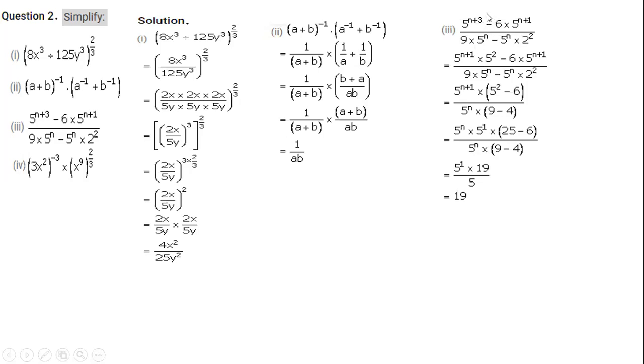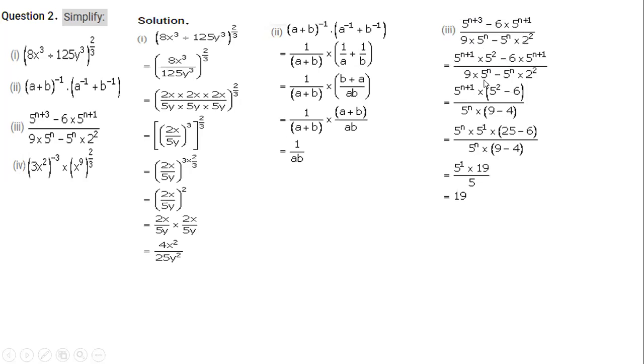Then we can write n + 3 as n + 1 + 2. That means 5^(n+3) can be written as 5^(n+1) into 5². This one as it is.